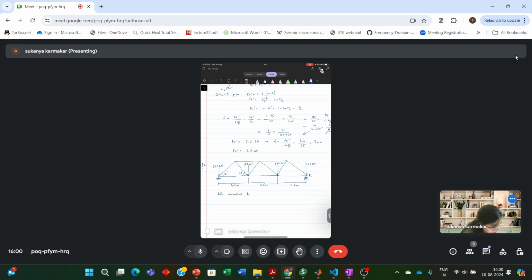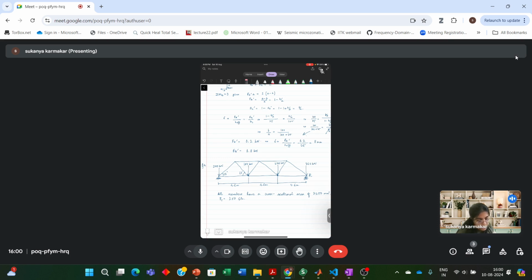All members have a cross-sectional area of 3250 square. Modulus of steel is 207 GPa.